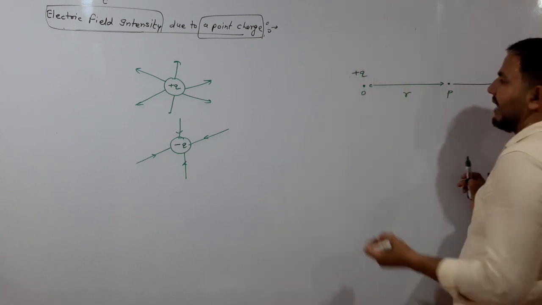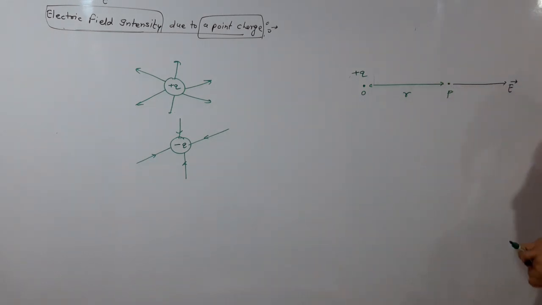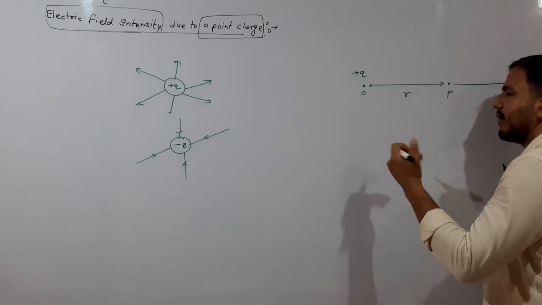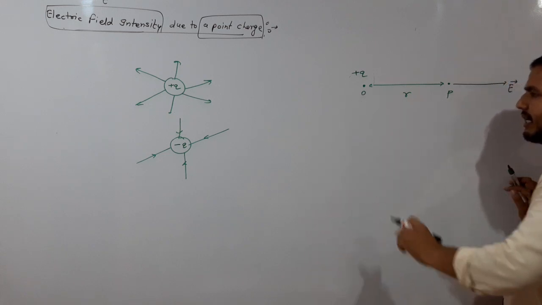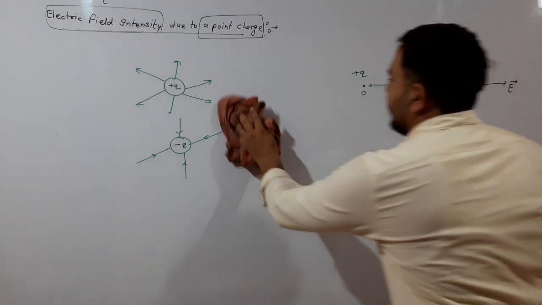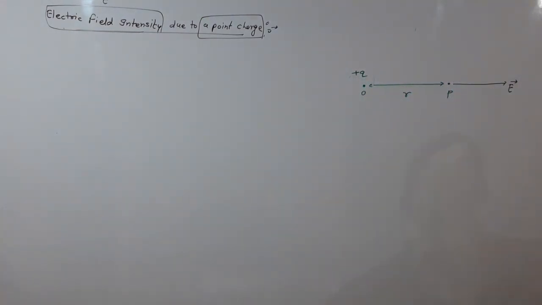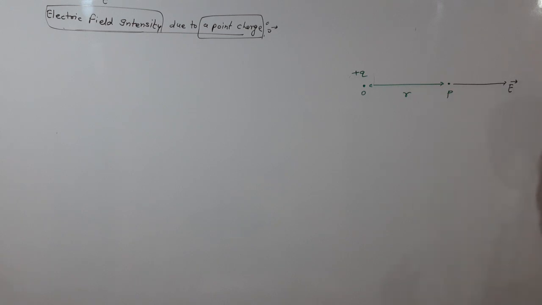If you take the negative x-axis, you take the direction along x dash. If you take the y dash axis, you take the direction this way. So we take a point charge at the origin and calculate the electric field intensity at this point, taking the direction along the x-axis.